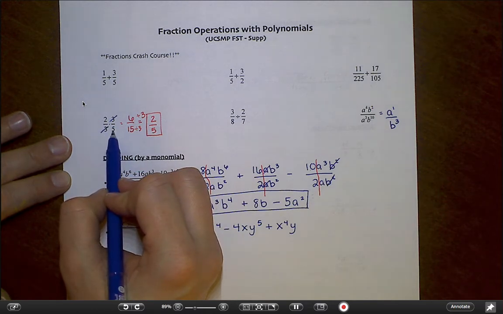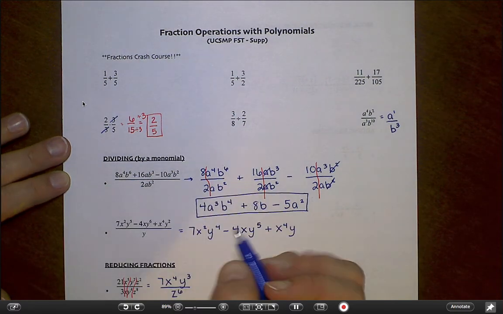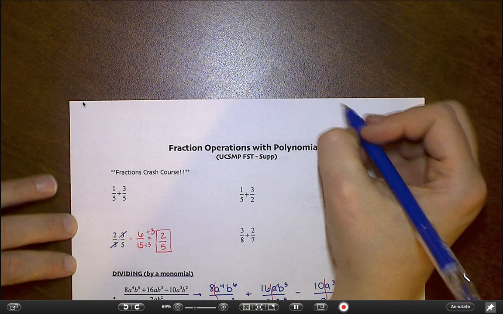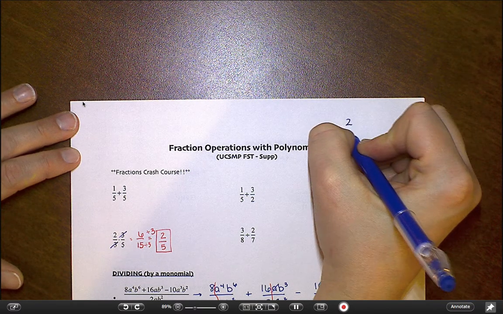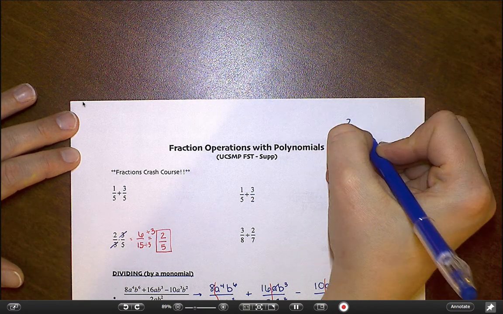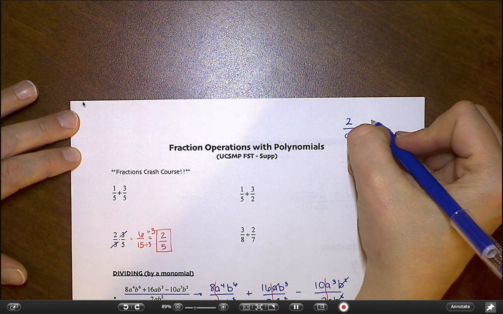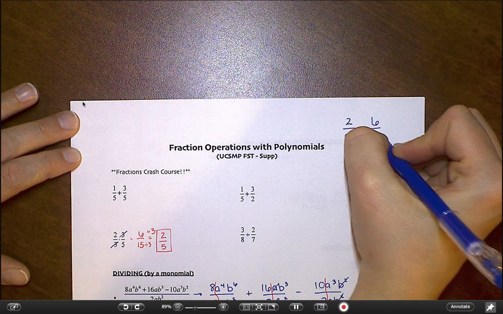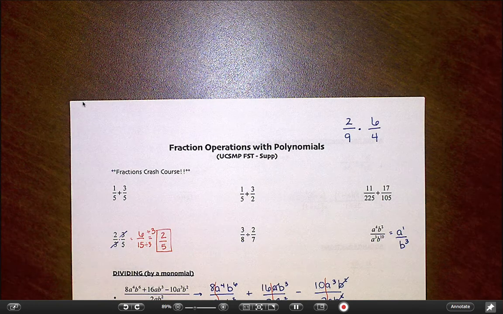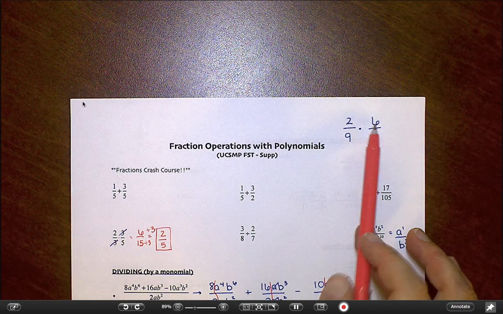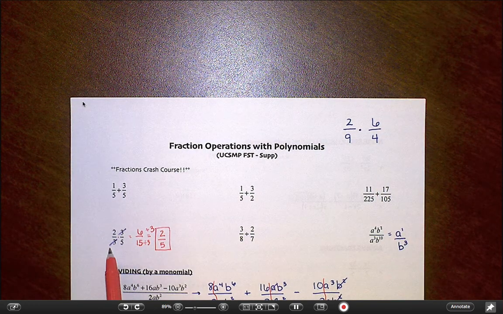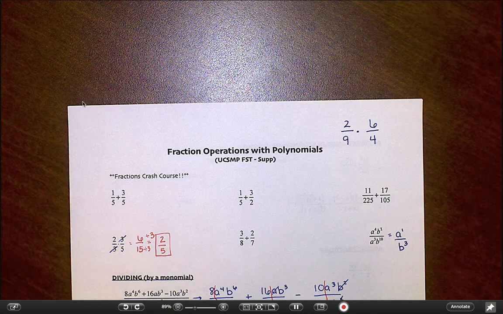If they gave you something more complex, if they gave you something with, let's say, a 2/9 times a 6/4, let's say. I don't have any that can cross out. I mean, I don't have any that are identical to each other, but I can reduce them.